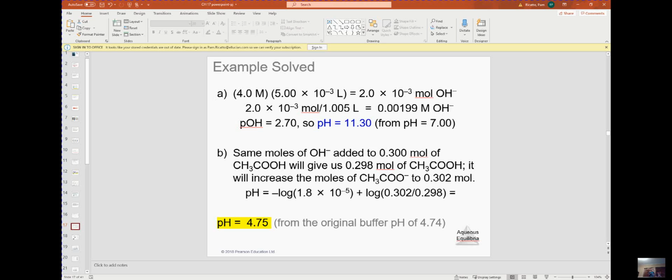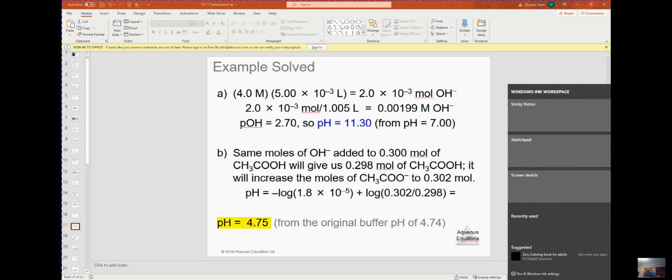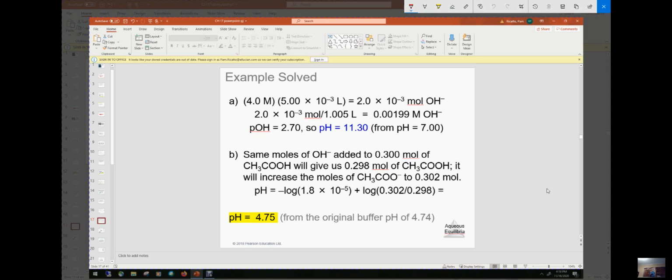The top one, I think they got reversed. All right, so this is for the water one. This is adding 5 milliliters of 4 molar sodium hydroxide to water. What would the pH be?